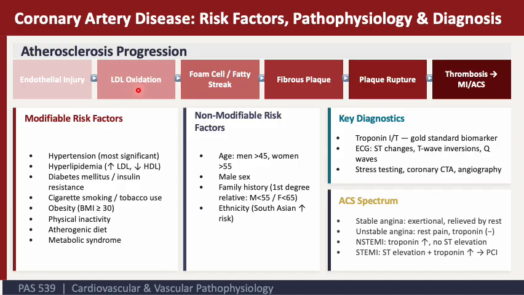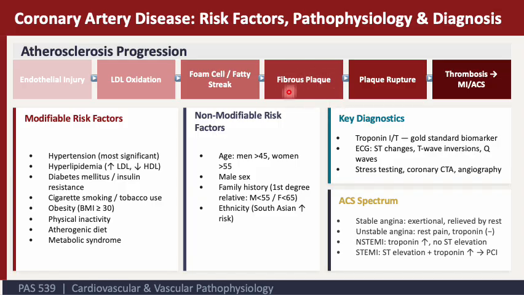This oxidation will trigger immune response, and in that immune response, a different cell is originated called the foam cell or the fatty streak cell. These cells are the ones that migrate to the lining of the vessel, and they can initially cause a fibrous plaque.